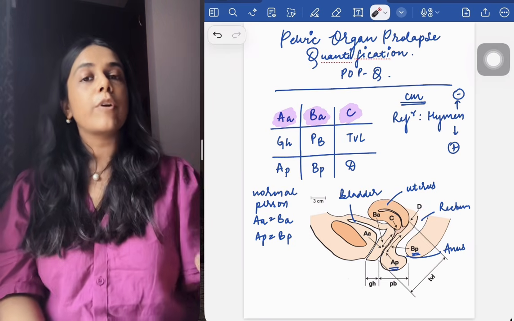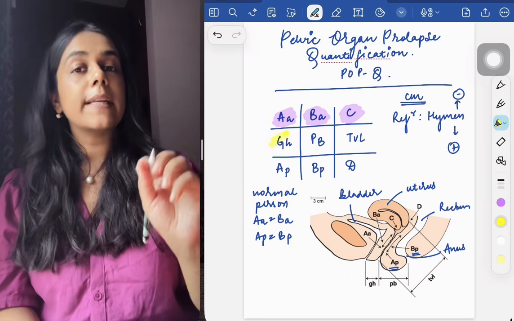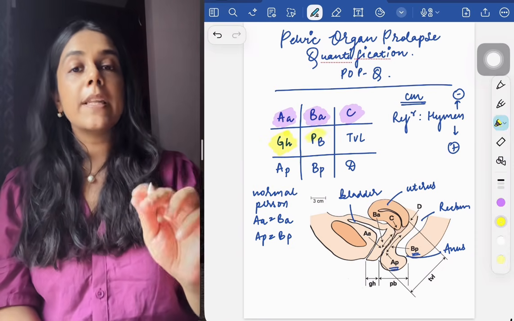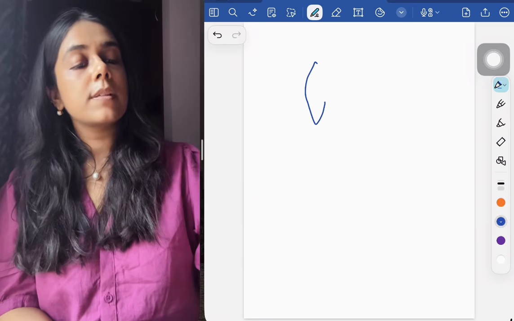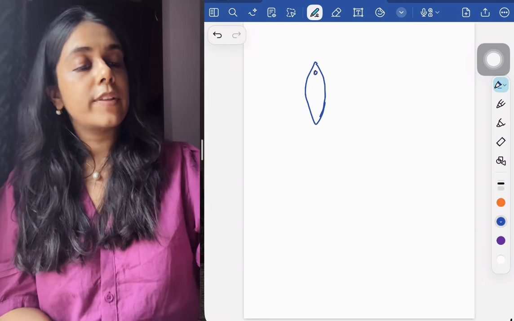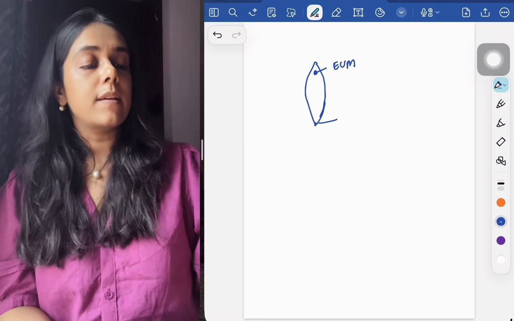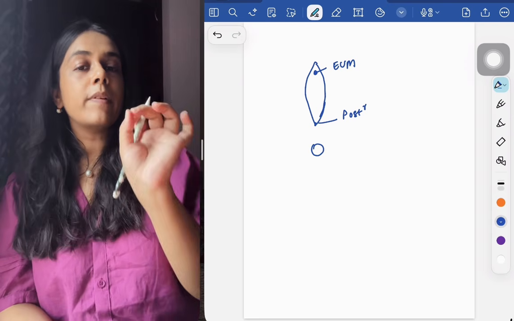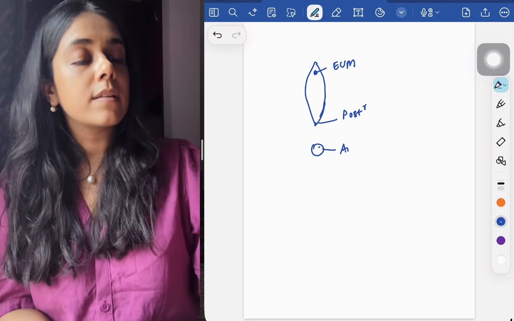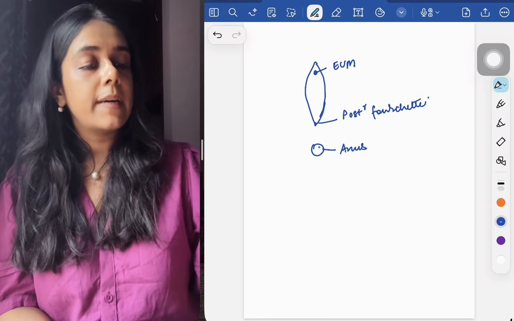Now coming to the other 3 points. For these other 3 points, we will need this diagram. These 3 points are GH, genital hiatus, PB, perineal body, and TVL, total vaginal length. Suppose this is the perineum, this is the external urethral meatus, this is the posterior fourchette or the midline posterior hymen is here, and this is the anus. We will measure the length between the external urethral meatus and the posterior midline hymen.